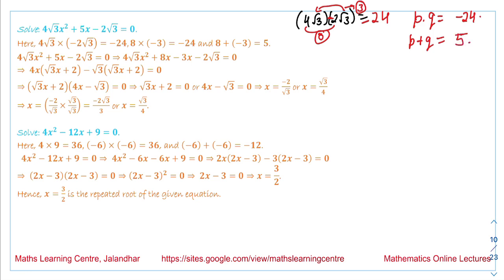So what we get from these two is that one of p or q is negative.